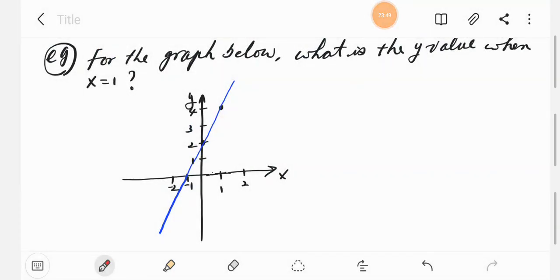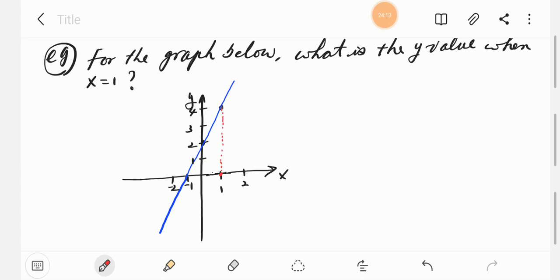Okay, for the graph below, what is the y value when x equals 1? Okay, so let's find the y value using this graph. When x equals 1, locate 1 on the x-axis. So you are here. And then we want to find the y value, so go all the way up. Follow the vertical line from 1.